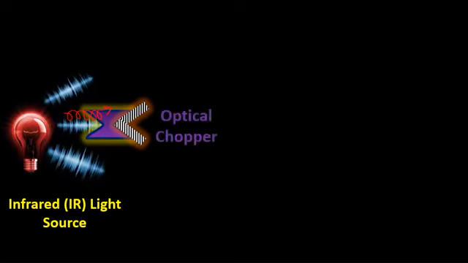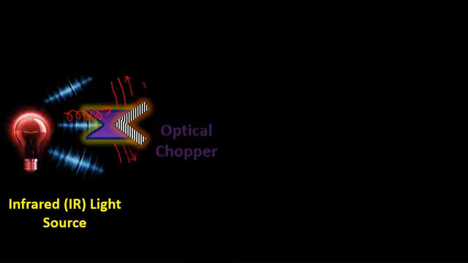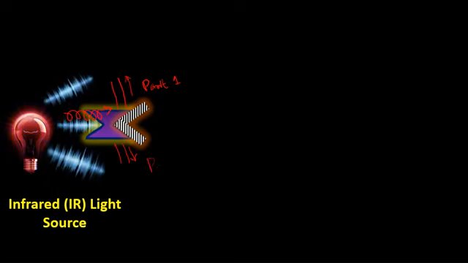An optical chopper is a mechanical device which is used to divide the infrared radiation into two equal parts, part 1 and part 2.